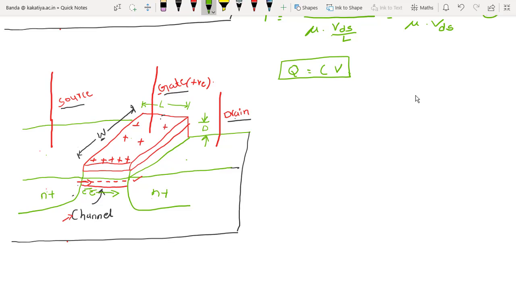Now we have to find the charge in the capacitor, this MOSFET capacitor. So we write charge is equal to capacitance, here called the gate capacitance, times the voltage applied for the MOS transistor.